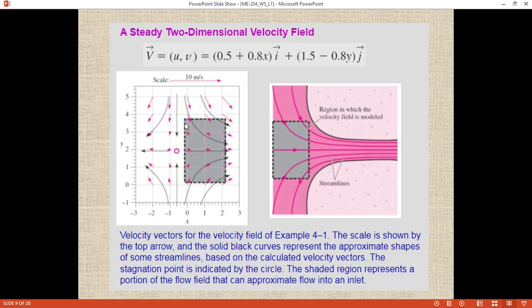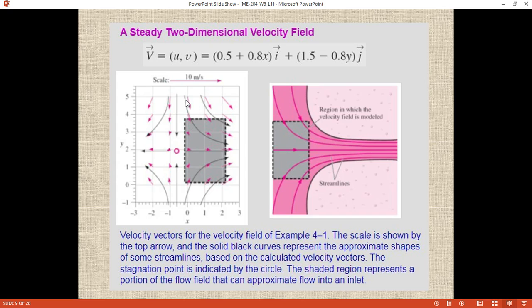Based on that, you can take any other scale suitable to you, then put different values of x and y and calculate the velocity v, plot the points here, and later join all the points so that you can get a line that is called a velocity field. This is also called a velocity field or the streamlines.